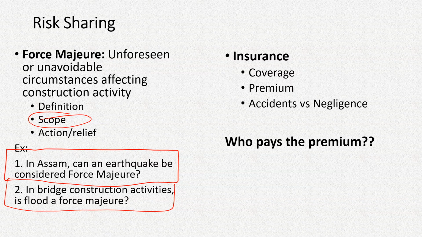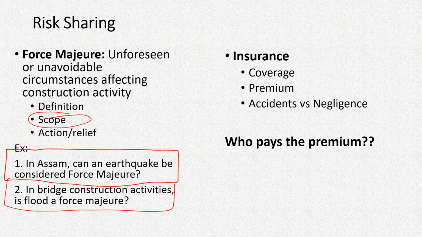That means if the construction works that are completed about 3 or 4 months ago, if those items fail or those constructions fail in an earthquake of moderate magnitude, suppose 6 or 6.5, while they are supposed to be designed for considering an earthquake of 8 magnitude, so in that case it should not be considered force majeure.